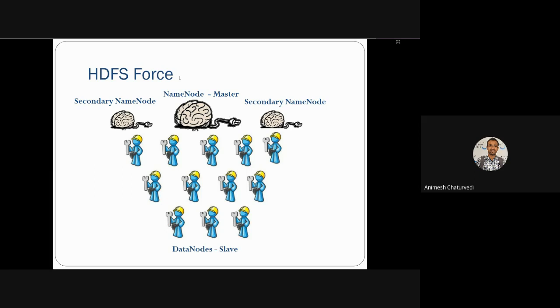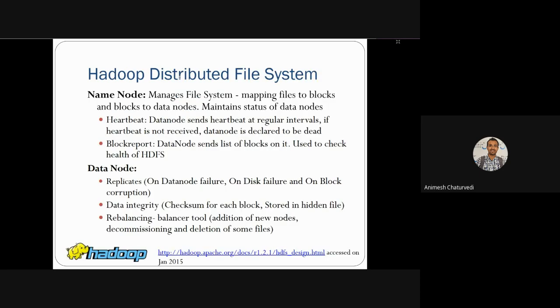I hope this is pretty clear to all of you, the master-slave model in distributed computing. Next we'll discuss the specific features and content in the name node and data node, and how they work: blocks, heartbeat, block report, replication, data integrity, rebalancing.